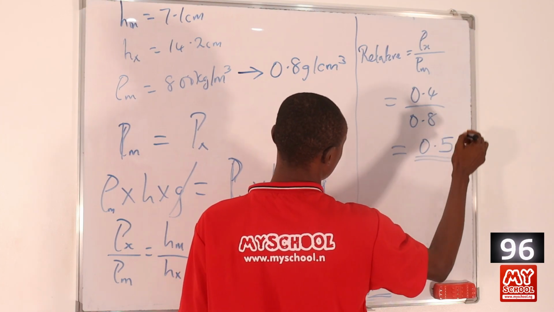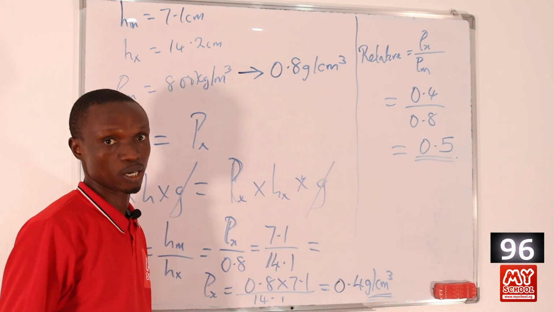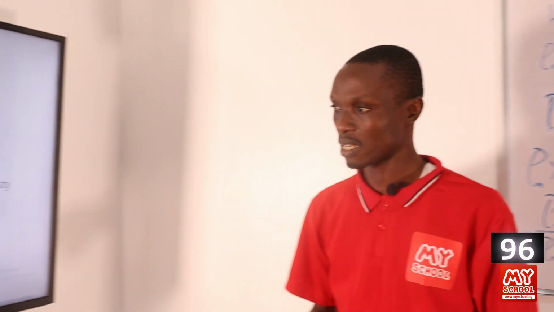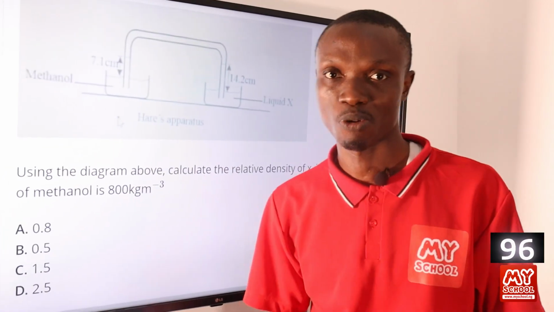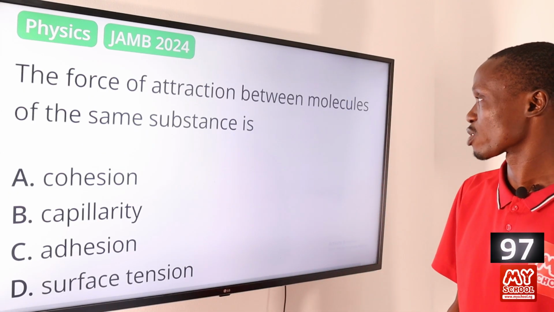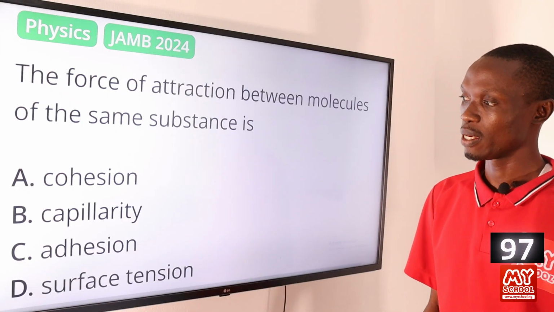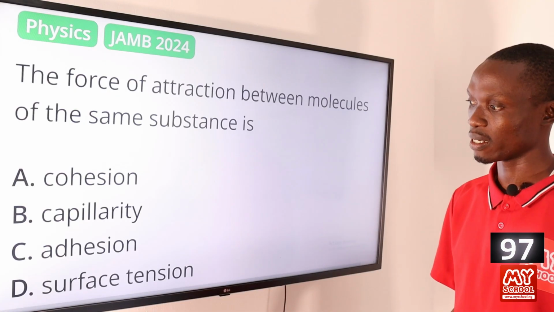Remember, relative density does not have units. So let's return back to the screen to pick the correct answer, and that is option B, 0.5.